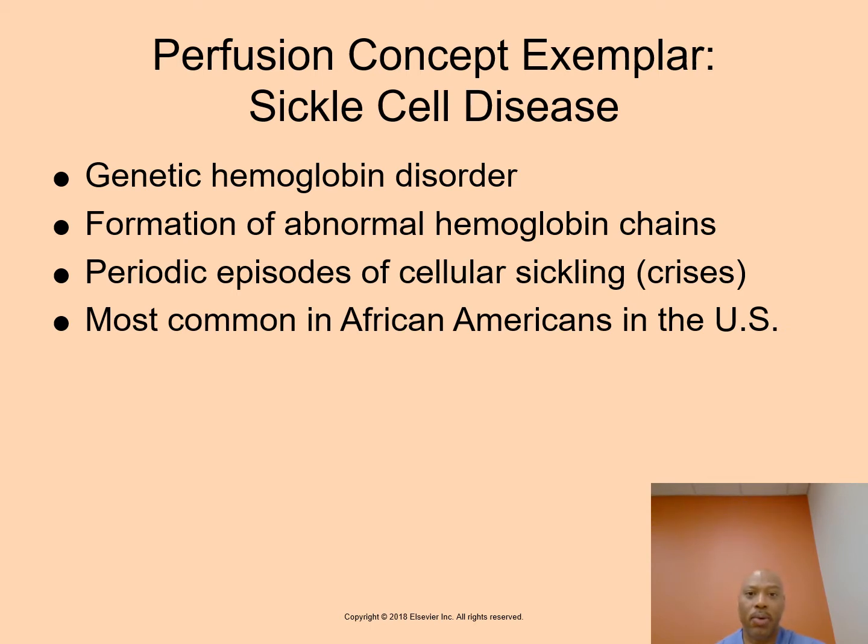So there's more. If the underlying cause is corrected, such as if the patient is dehydrated and you rehydrate the patient, the sickle cells go back to the normal shape of the cell, especially when oxygen content normalizes. And of course, this will lead to normal tissue perfusion.